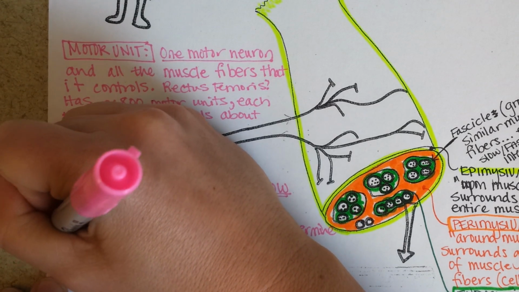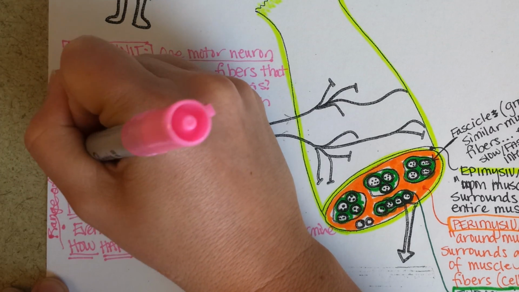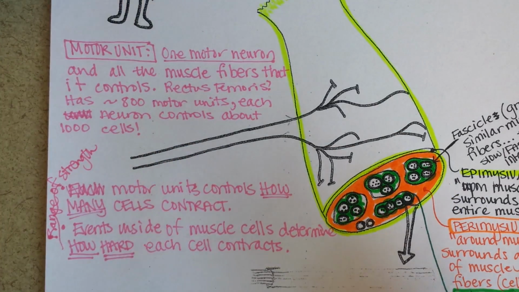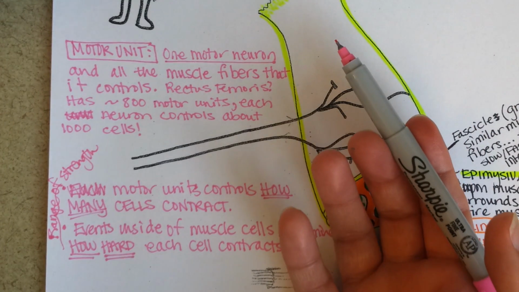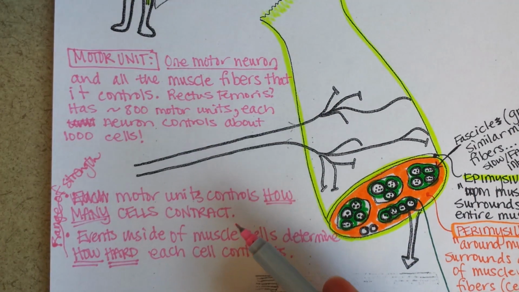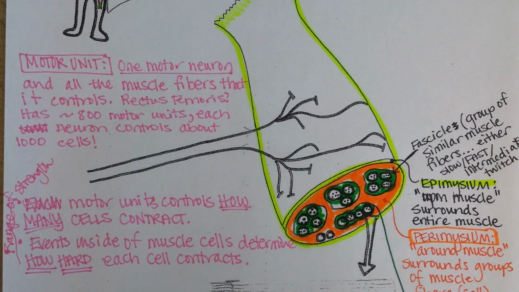So we have a range of strength that we can apply from each of our muscles, and we can thank this great range for the fine motor skill, for example, of me holding this pen and writing, versus the powerful muscles that my son is supposed to use when he does one of his taekwondo punches and is supposed to oomph with it and really try to make something powerful.